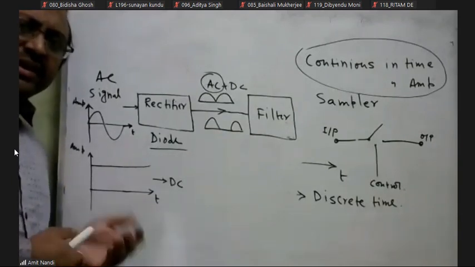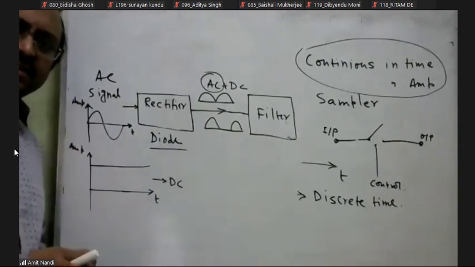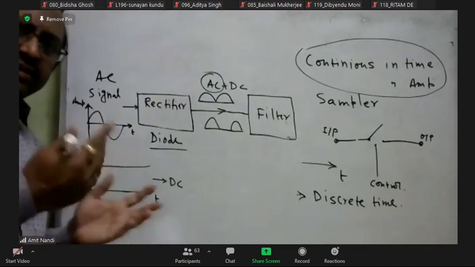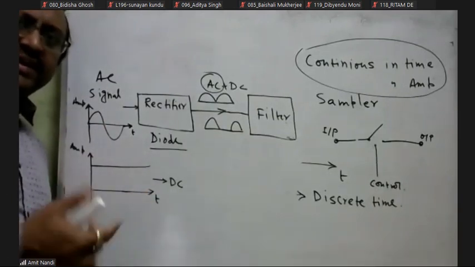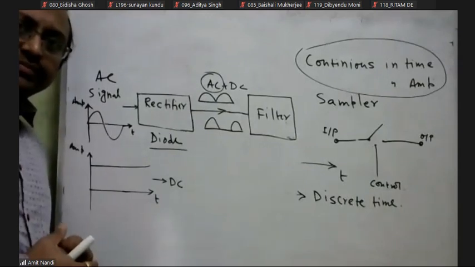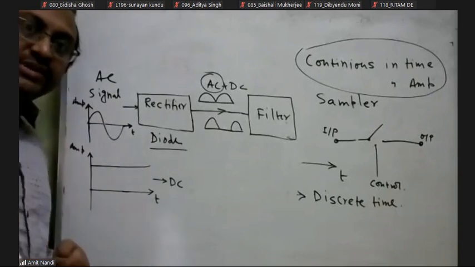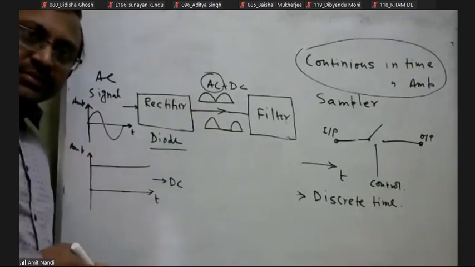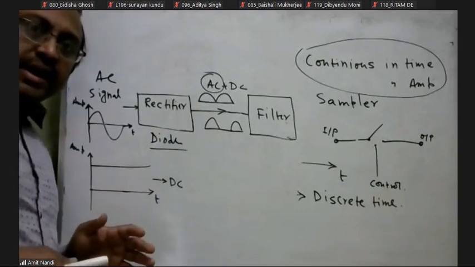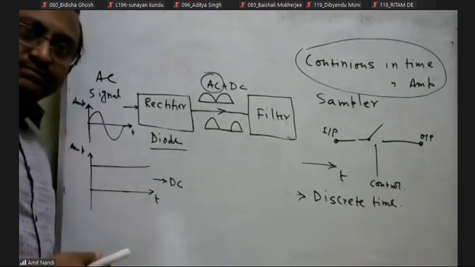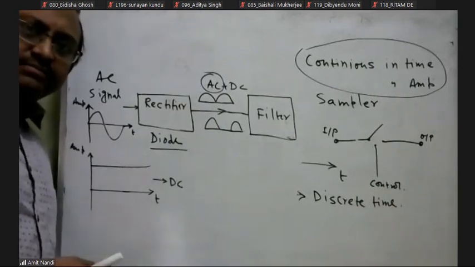Okay, so that means we can use either inductor or capacitor or a combination of these two, L and C. So we have used different types of filters. Sometimes we use a passive filter, sometimes we use an active filter. If in a filter circuit we use passive components, then that is called a passive filter.